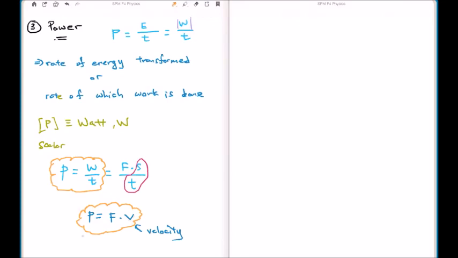So if you want to find the power of a car, you take the force, thrust, and the velocity, or the other way around. They tell you how much horsepower, convert it to watt, and then you divide by its velocity in SI unit, then you know the pushing force.